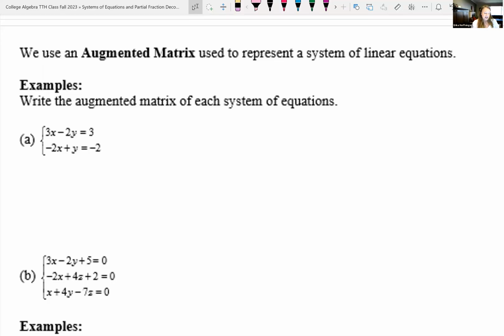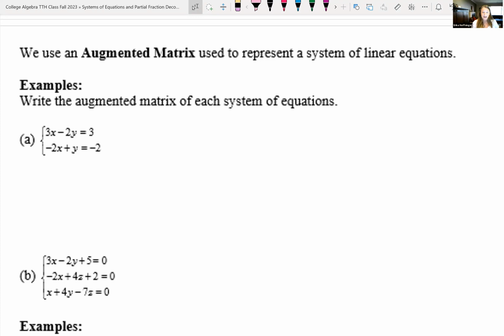So in front of us, we have a couple of systems of equations. Part A, we have a system of equations with 2 variables and 2 equations. The first equation is 3x minus 2y equals 3. And the second equation is negative 2x plus y equals negative 2.